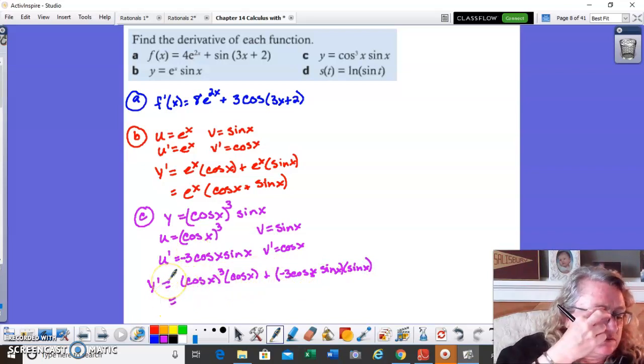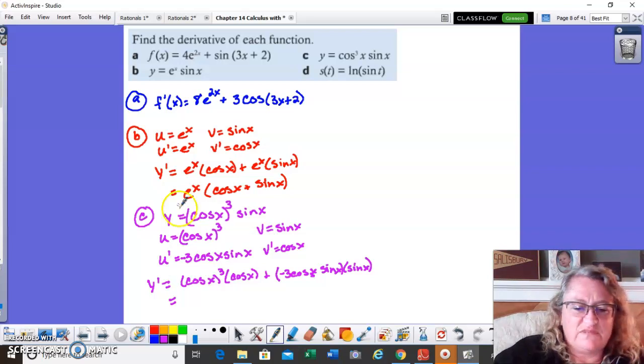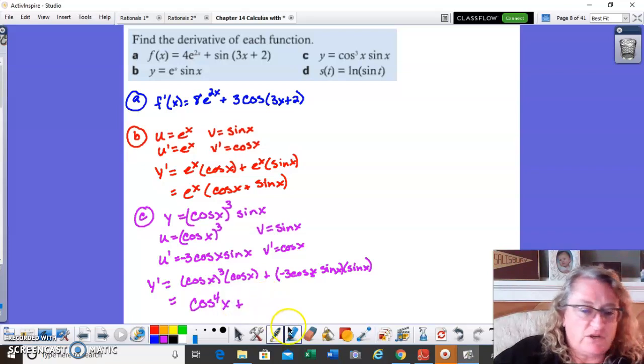We actually have cosine squared that could come out, truthfully, because that would be cosine squared minus 3 sine squared. It doesn't do us any good anyway. So we'll just leave it as cosine to the 4th of x plus, or actually I want to change that to minus now. I realize that that term's going to be negative. So that'll be a minus. The only constant I have is 3, and then I have sine squared.